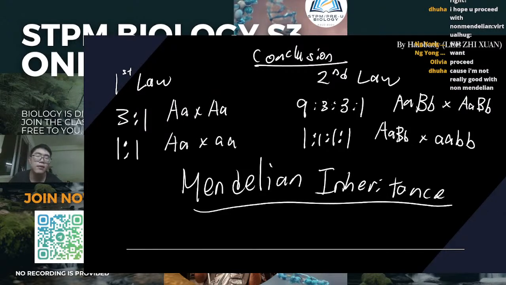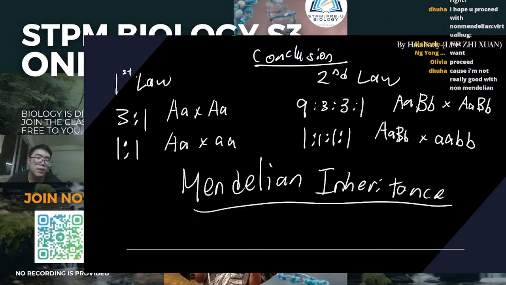When you recap Mendel, Mendel said we only have 2 types of alleles, a pair of alleles, either dominant or recessive.